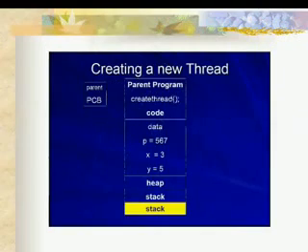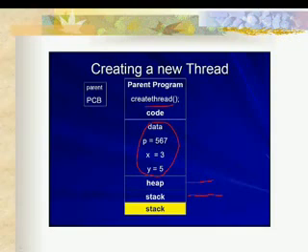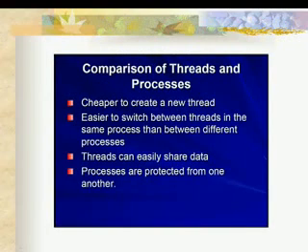But in thread creation, all the threads share heap and data, but each and every thread has its own stack. It's cheaper to create a new thread, but it's not cheaper to create a process.